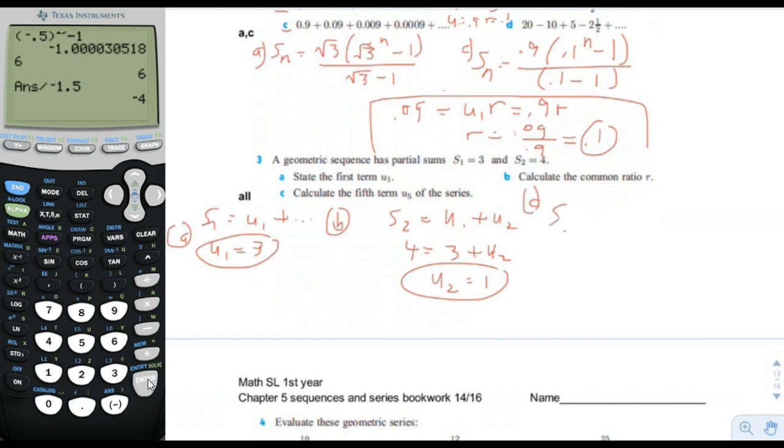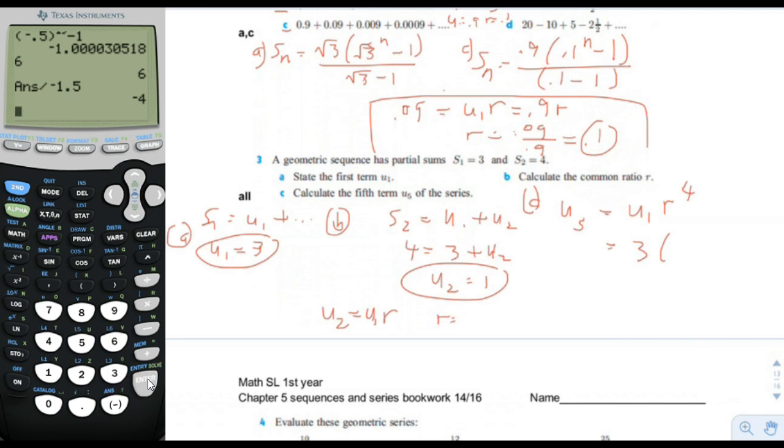So that's just u5 equals u1 r to the n minus 1. And of course, n minus 1 for u5 is equal to 4. So it's 3 times r. Oops, I forgot to do r here. u2 is equal to u1 times r, right?